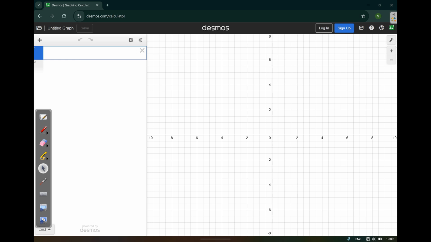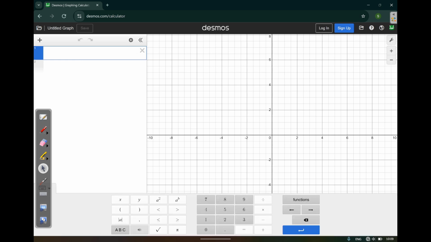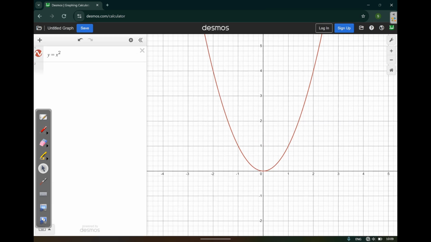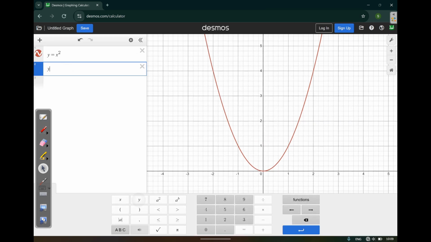If I have this graph here, y is equal to, let's say, x squared. That is the graph. Okay? And then I transform this into y is equal to x minus 2, then squared. Do you see that it has moved to the right by 2 units?